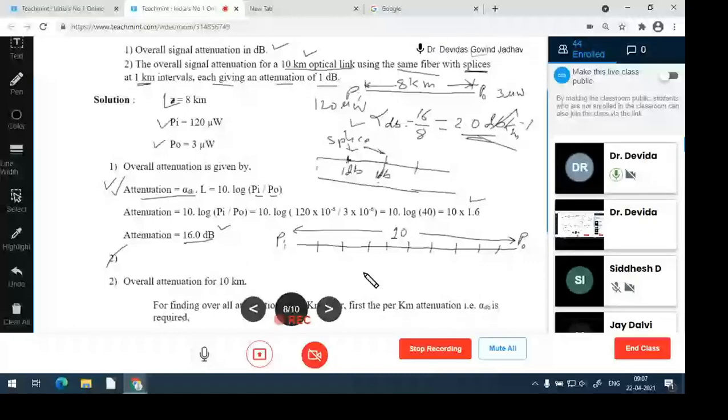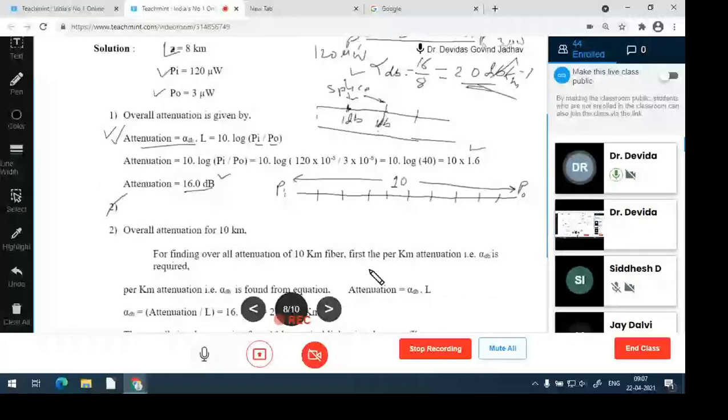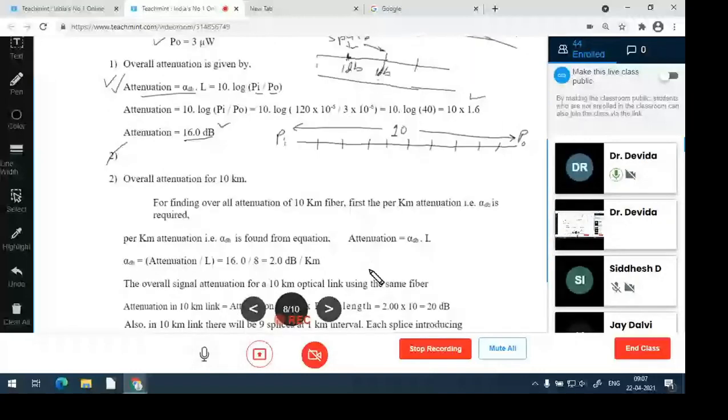So here the alpha dB is 2 dB into kilometer raised to -1. That is alpha dB is 2 dB per kilometer. Kilometer raised to -1 means per kilometer.